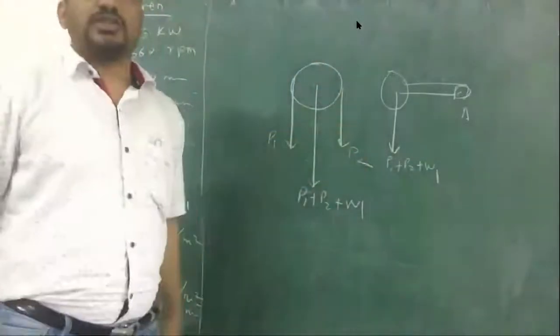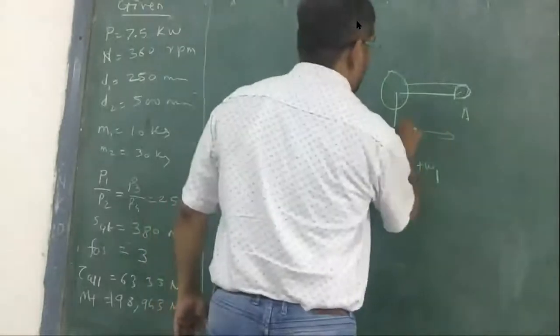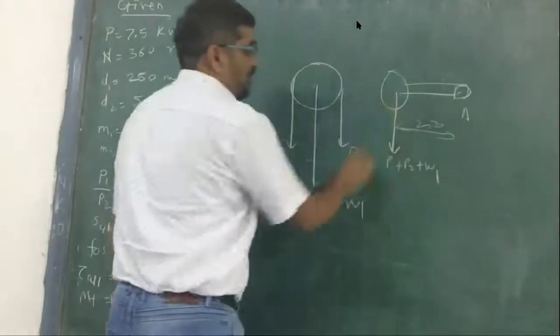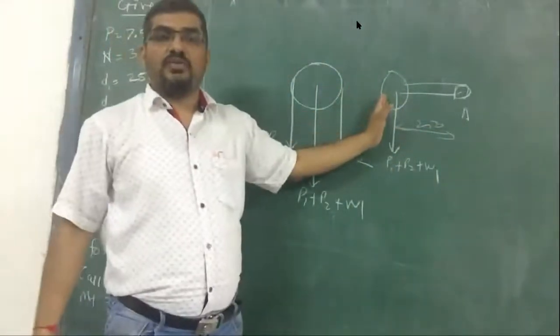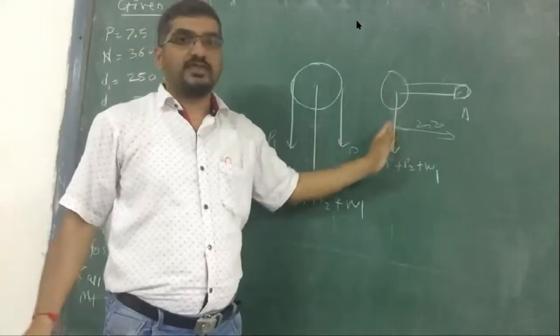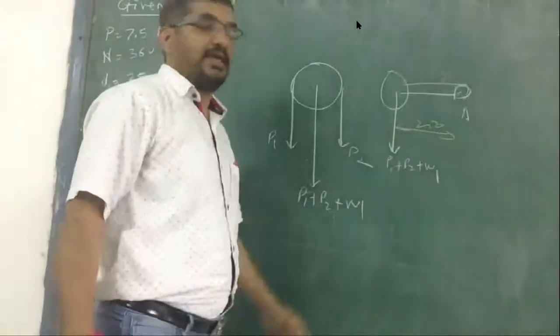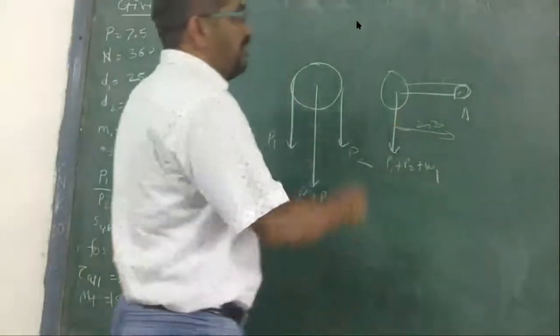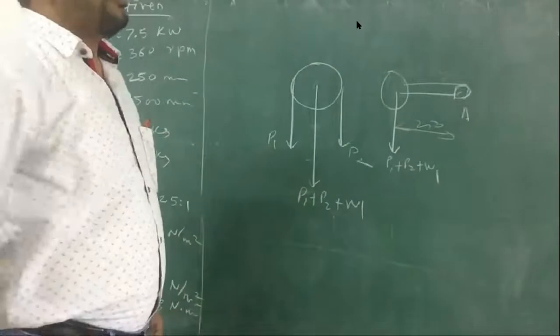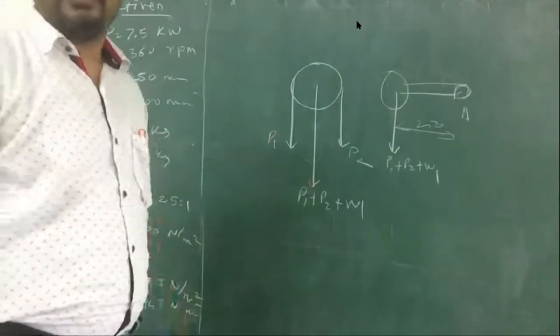At the pulley, the distance is 250. So tension on side 1 plus tension on side 2 plus its weight, multiplied by 250, will be the moment at A. Similarly at B, it will be P3 plus P4 plus W2, into 250.